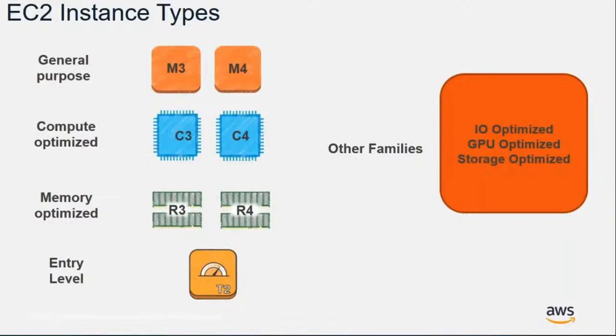The machines which are optimized for CPU have a higher CPU to RAM ratio, and these are ideally suited for workloads that consume more CPU than RAM. We also have machines designed for more memory, and these are the R class machines.